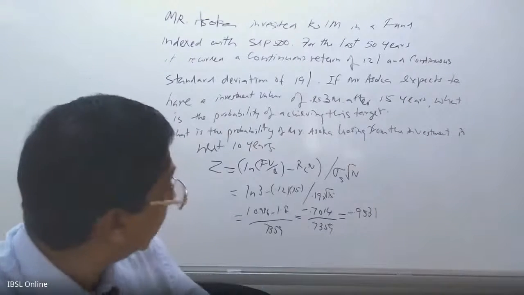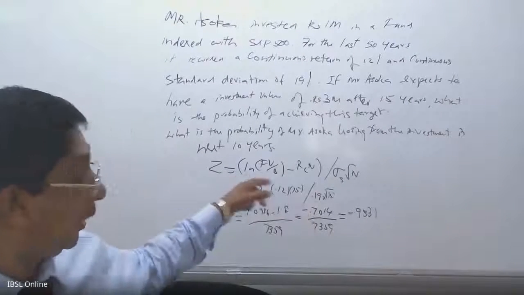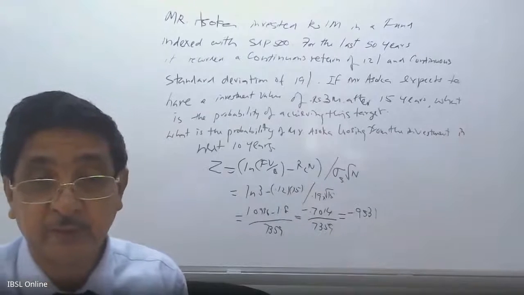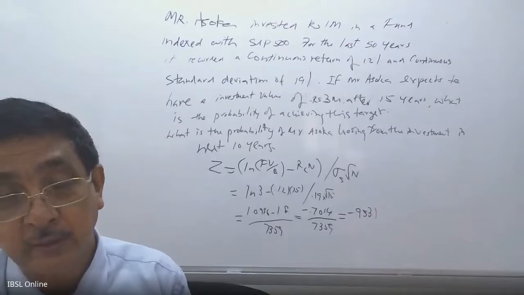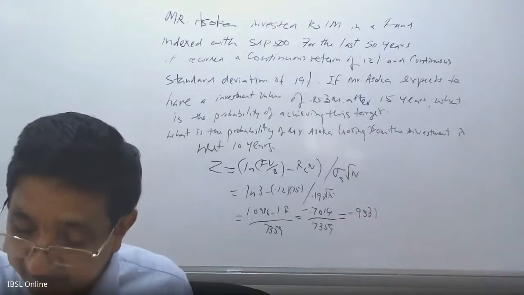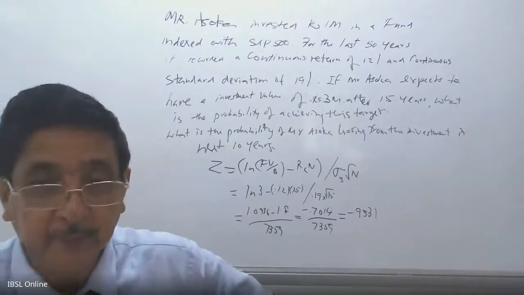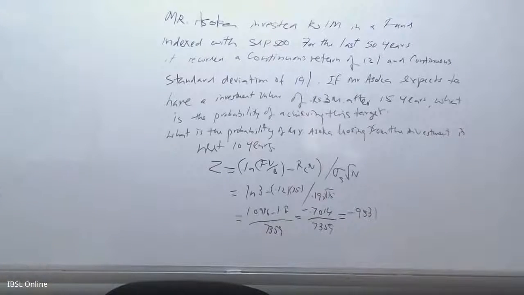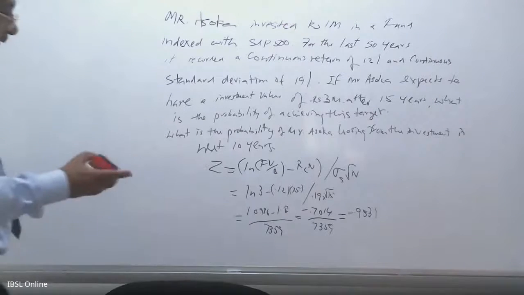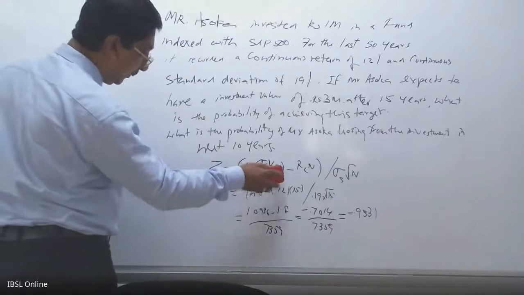For the second question, now we are referring to the loss-making situation. Now, when you have the loss-making situation, what will happen there? I can change. This will become 1.